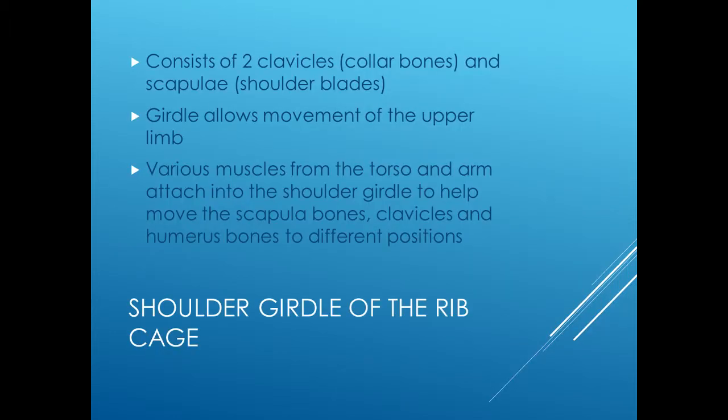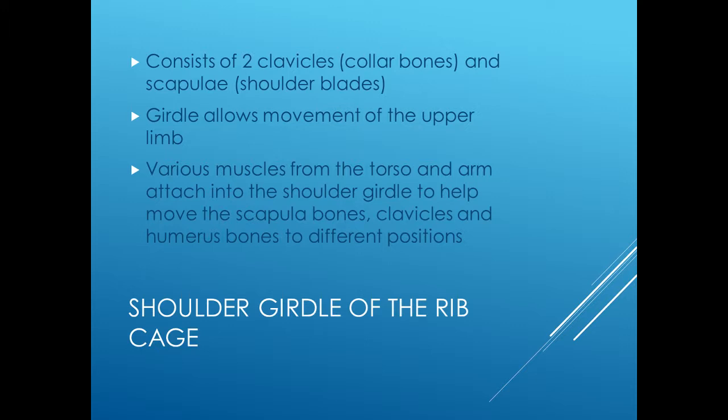All right, next, the shoulder girdle of the rib cage. So we saw at the top of the manubrium there where it had that clavicular notch. Well, we have 2 clavicles, also called collarbones, and we also have 2 scapula, which are our shoulder blades back there.